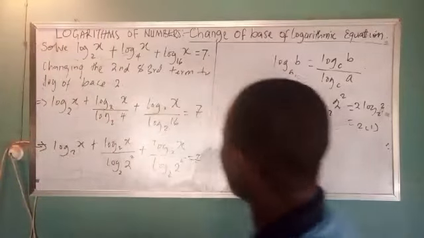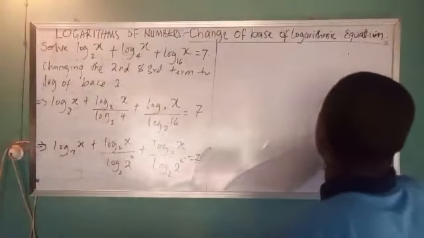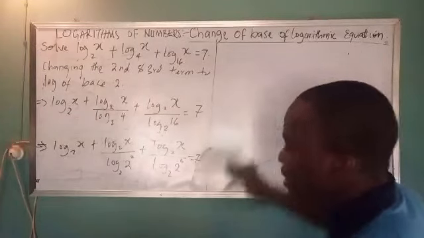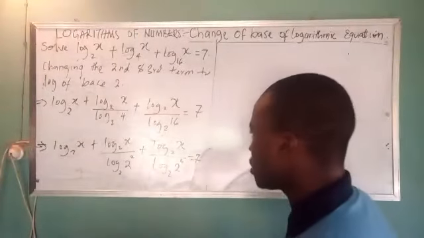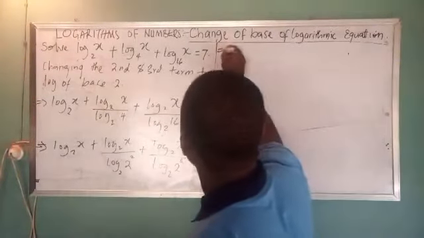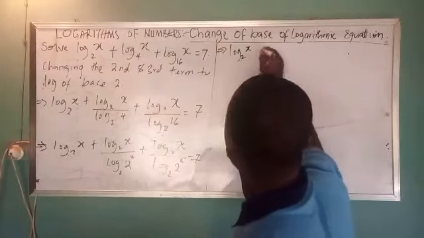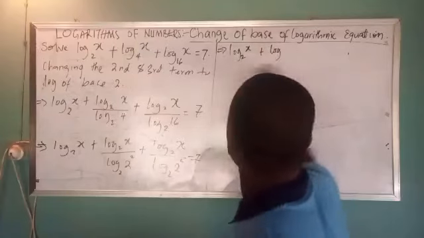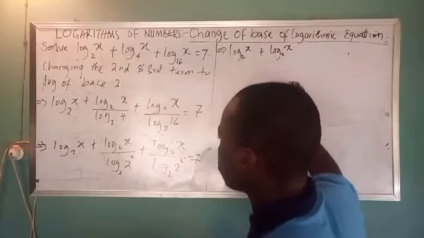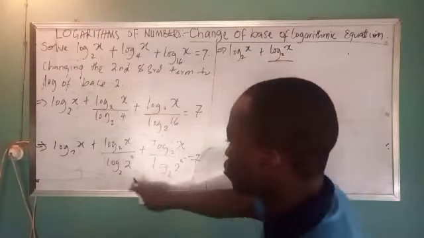Are you getting what I'm saying now? So now we go further to simplify this equation. From here you can see that we have log x to base 2 plus log x to base 2 over, this one returns to what?